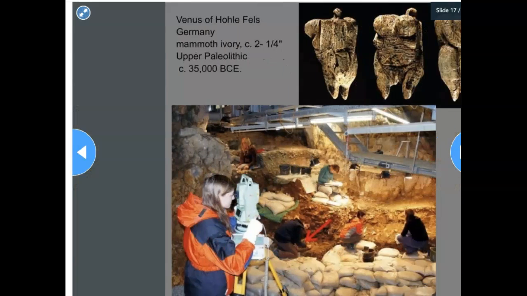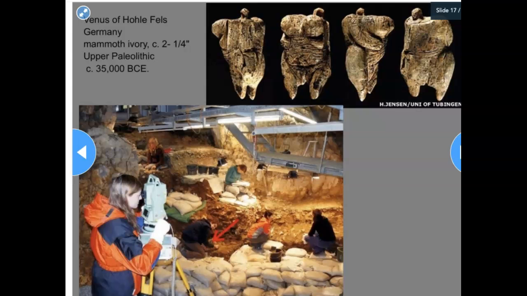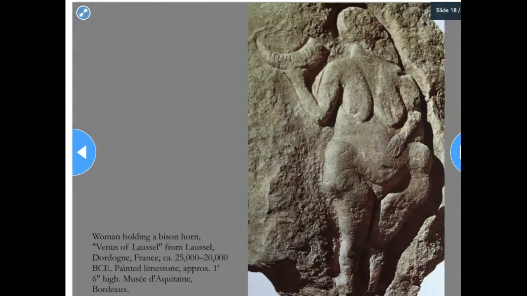So yeah, there have been lots of incredible Venus figures found in different parts of the world. And here you can see some of them. And this is actually a very cool picture of an archaeological dig. So I thought that it was fun for you guys to see what an archaeological dig actually looks like. This is a different kind of sculpture.